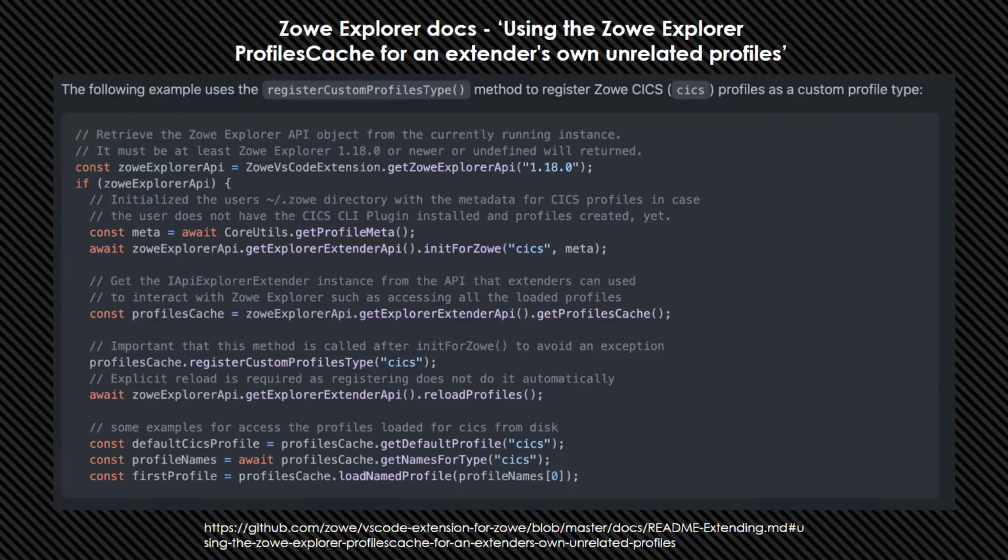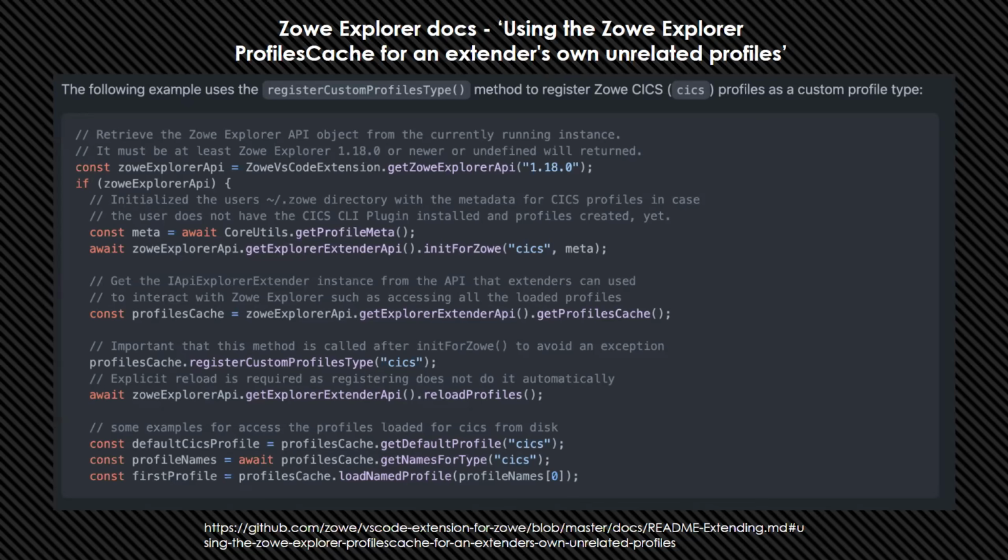There's also a new way to register it within the Zowe Explorer as well, which gets rid of all our issues and allows us to work with profiles properly and perform all the required commands. Essentially, profiles cache allows us to easily hook into Zowe Explorer's abilities when manipulating Kix profiles, rather than having to develop that existing code all over again, which makes our lives as extenders extremely easy.